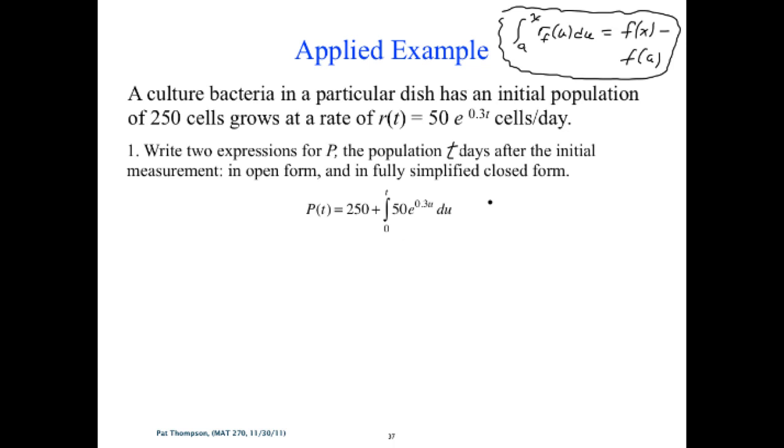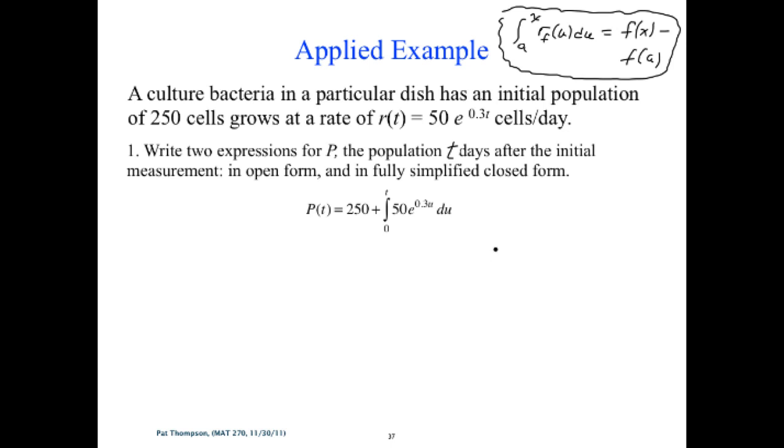So this is a pretty easy one, right? If it's e to the something, the antiderivative is e to the something, right? And then you got to think about taking the derivative of that. What happens when you take the derivative of that? With the chain rule, you get a 0.3 multiplied. So when we do the antiderivative, we need to divide by 0.3.